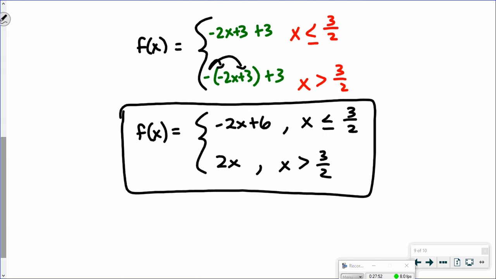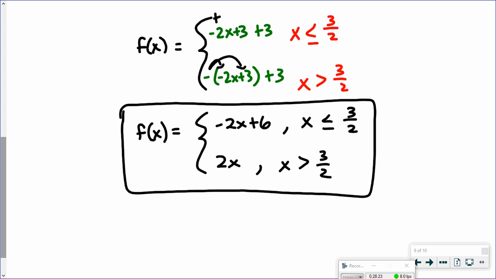So that's why we have the positive 2x plus 3, just this part right here, and the negative of negative 2x plus 3. But that plus 3 is not affected. The plus 3 at the end is not affected because it's not inside the absolute value. All right.